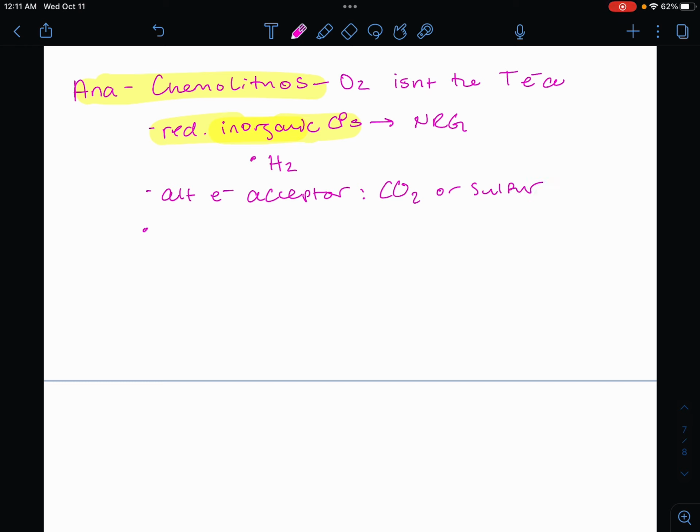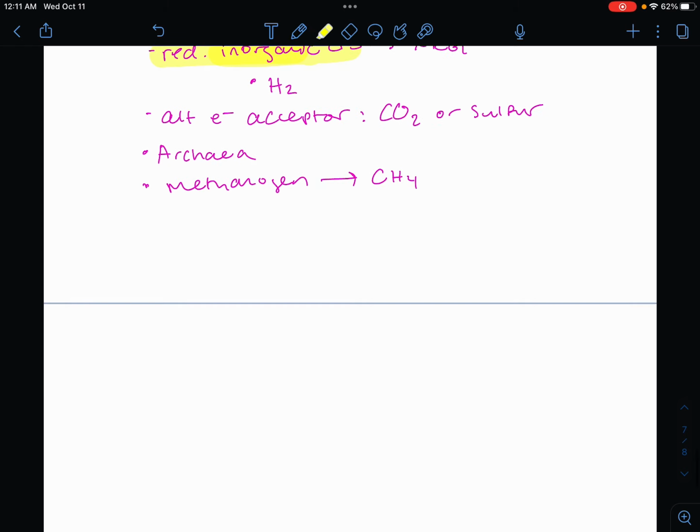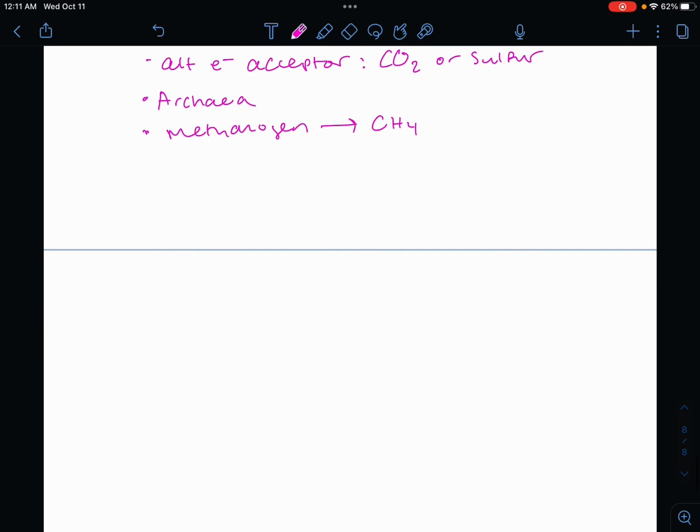And usually these are archaea. An example would be a methanogen. Methanogen, so we have methane and then gen, that means to make or to generate. So these will make CH4. Let's save that piece of information into our back pocket, because now we're going to be looking at methanogens as a whole.